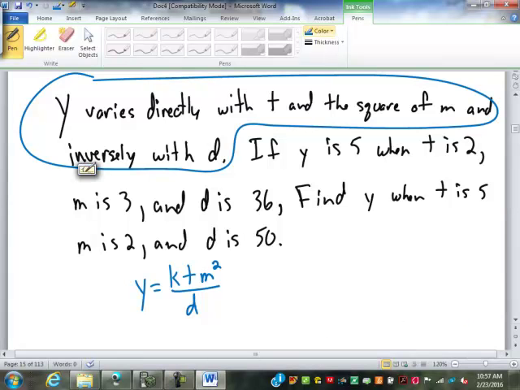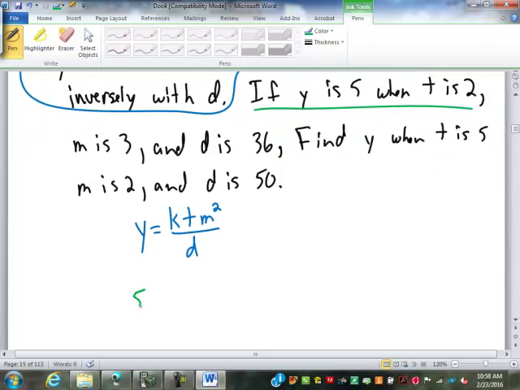So let's go from here. Next we have y is 5, when t is 2 and m is 3, and d is 36. So if we look at this, of course 3 squared is 9. Are you with me, guys? So we've got 2 times 9 is 18 over 36.